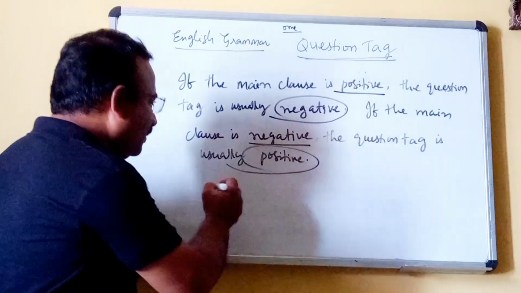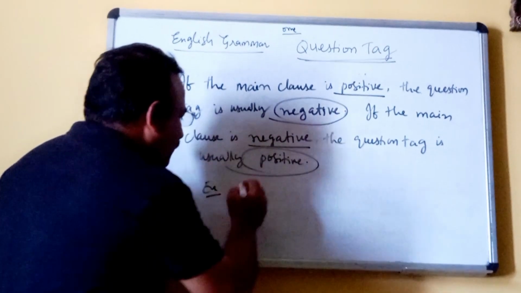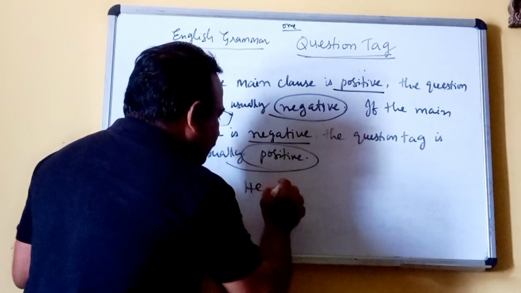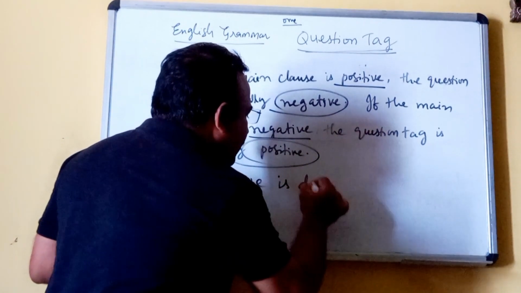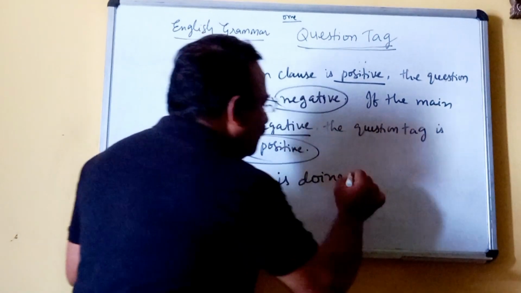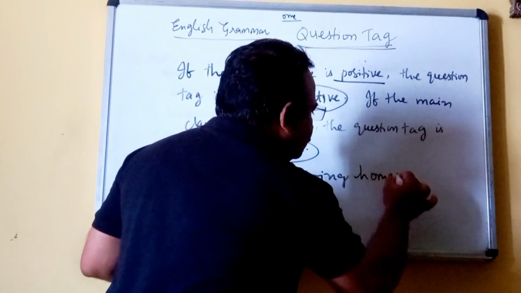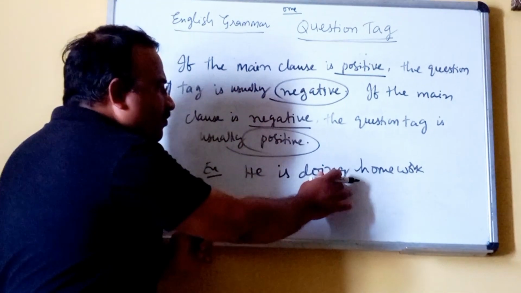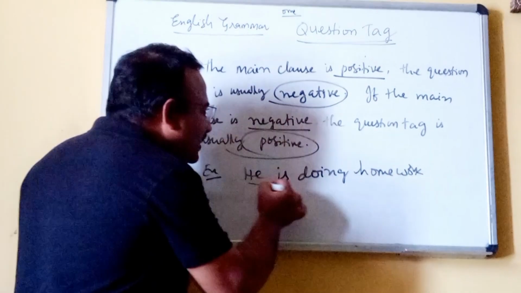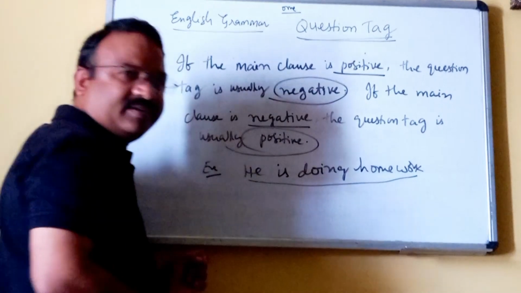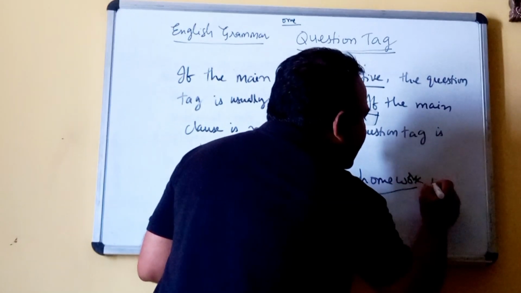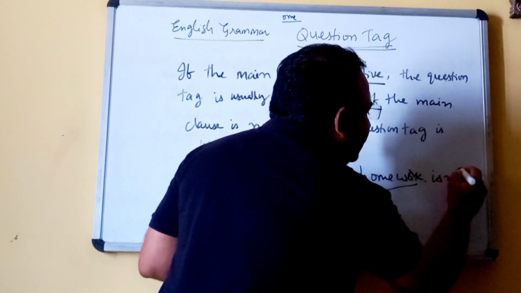For example, let us see. He is doing homework. Okay. He is doing homework. This is a positive statement. Now, question tag is isn't he.